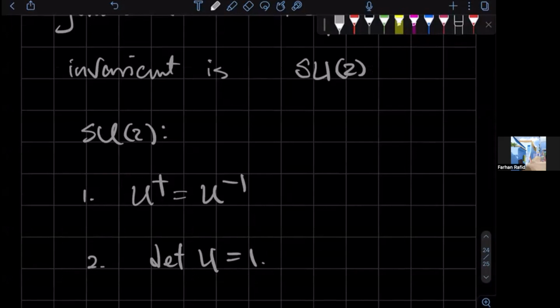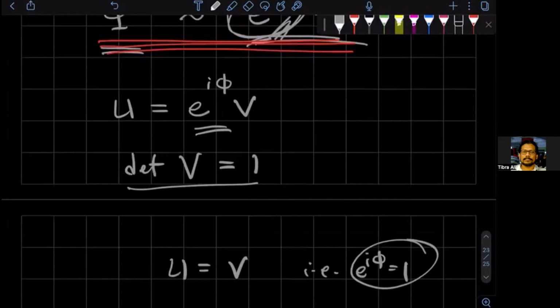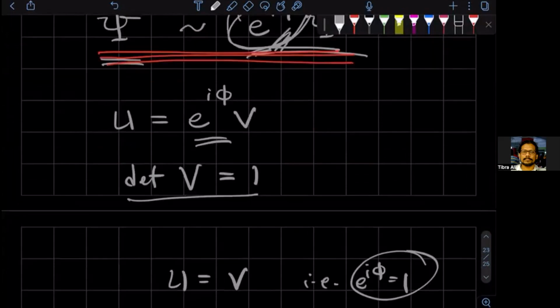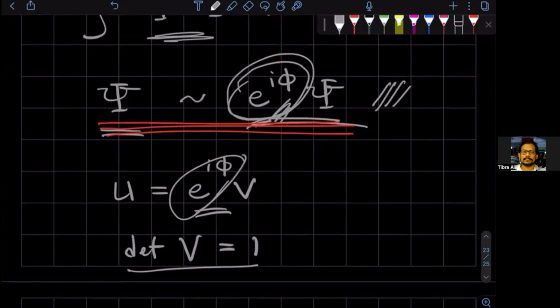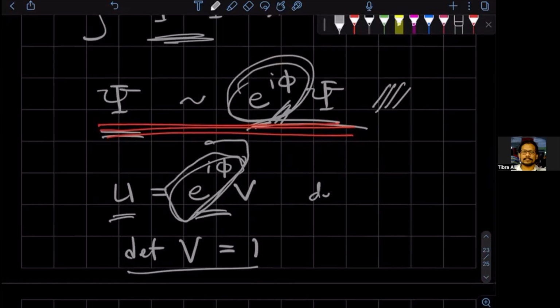Sir, SU means special unitary, right? Yes. So how did we arrive at the condition that the determinant must be 1? Because the phase part, we are ignoring. We are saying that we can use this freedom in quantum mechanics to set this to a specified value, say 1. But does that fix the determinant? Yes. So if you look at the determinant of U, it is some phase.